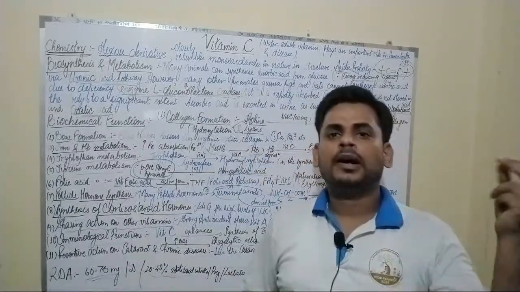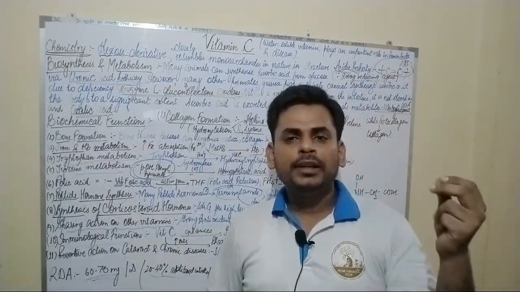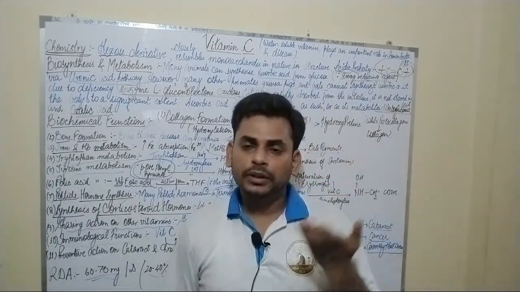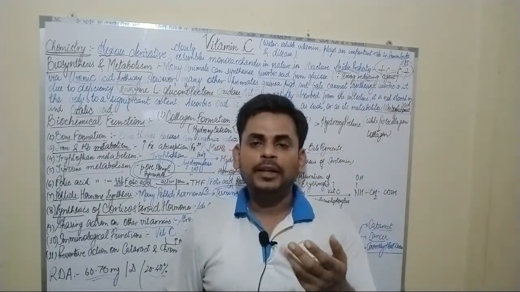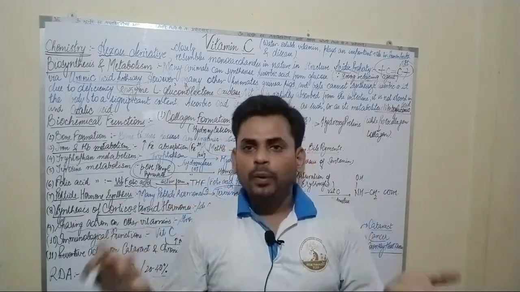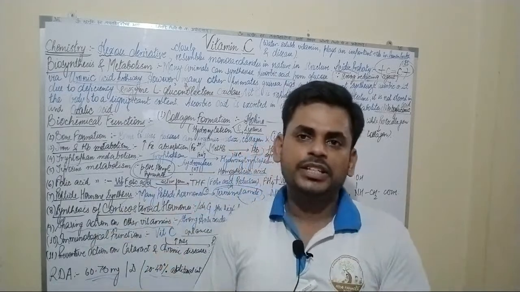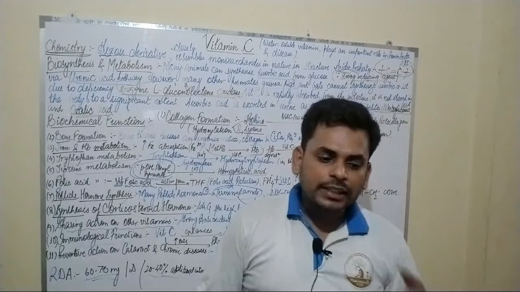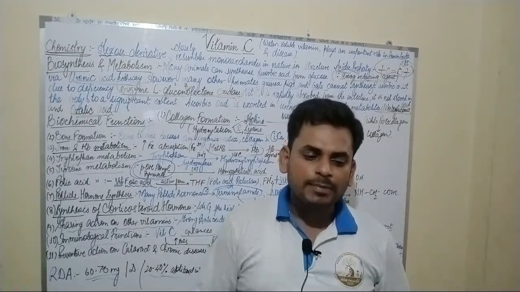Since collagen is a very important constituent of the blood vessels and the capillaries, if the blood capillaries have immature collagen, capillary fragility occurs, and fragile blood vessels can be seen.